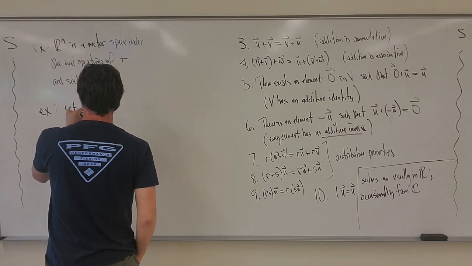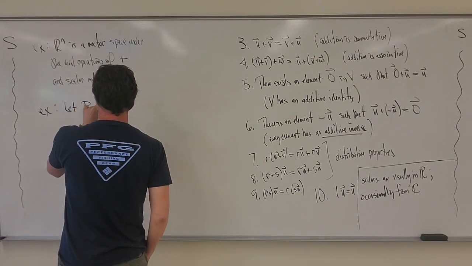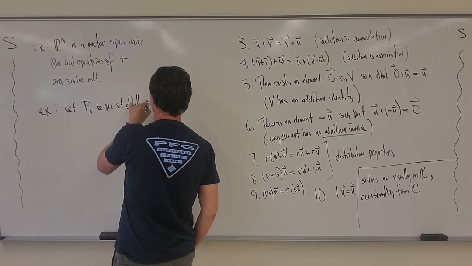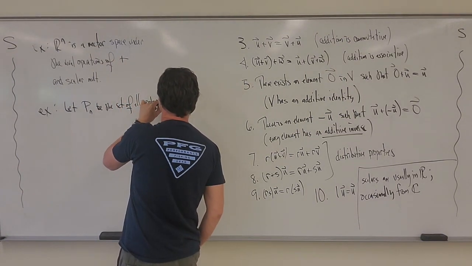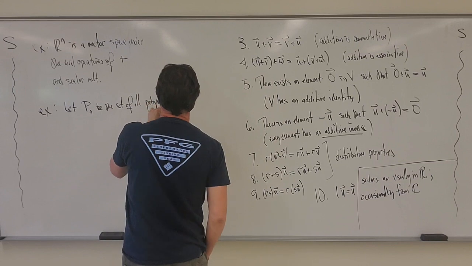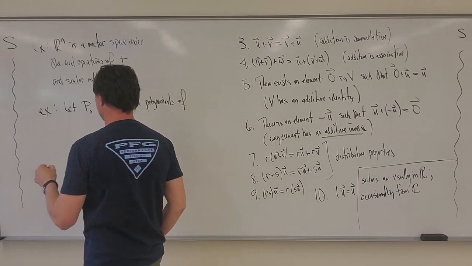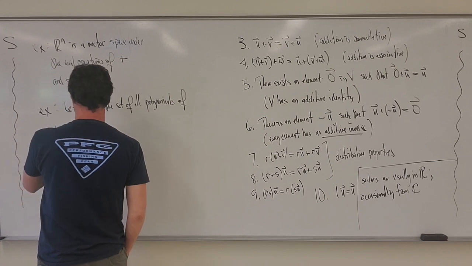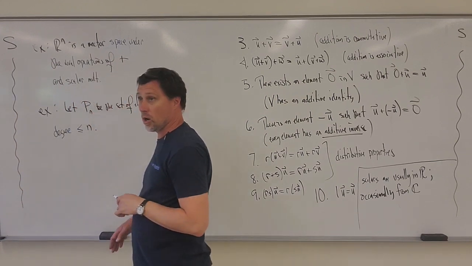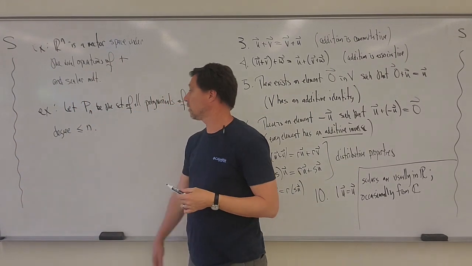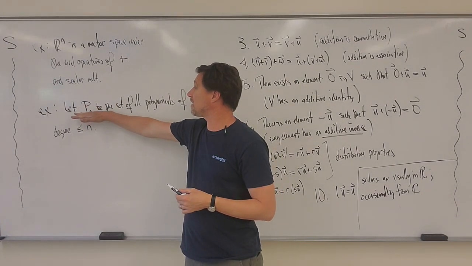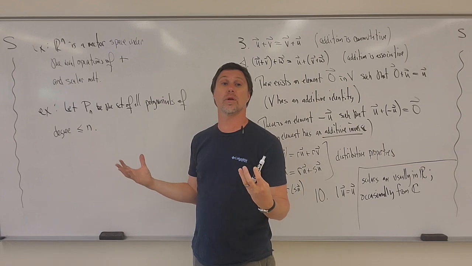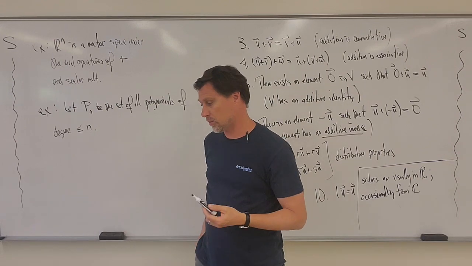So let's let P sub n be the set of all polynomials of degree less than or equal to n. So we're going to show that appropriately defined, Pn, this set right here, is a vector space. The collection of all polynomials satisfies all the properties of a vector space.